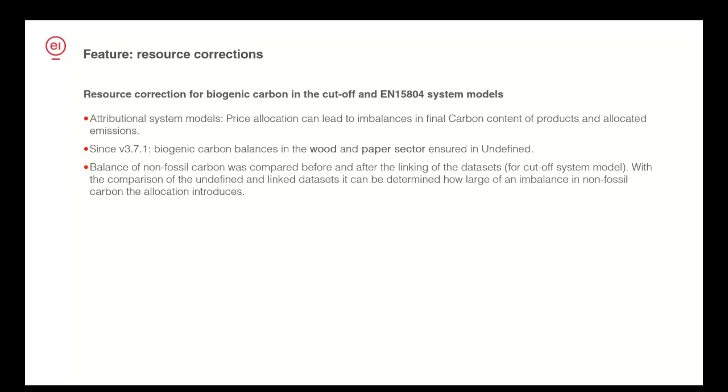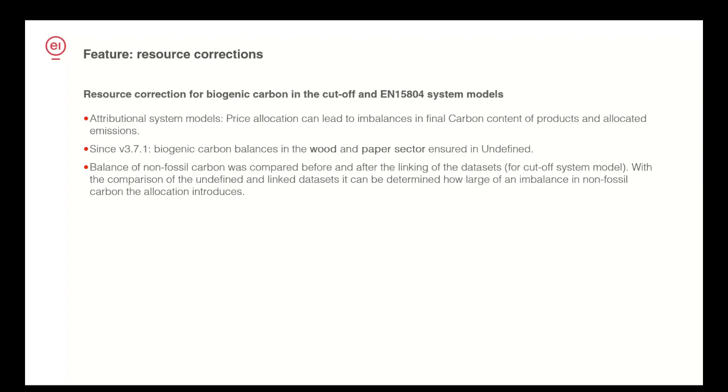After that, we compared the balance of non-fossil biogenic carbon before and after allocation. With this comparison of the undefined and the allocated dataset, we determined how large the imbalance in biogenic carbon introduced by the allocation was.